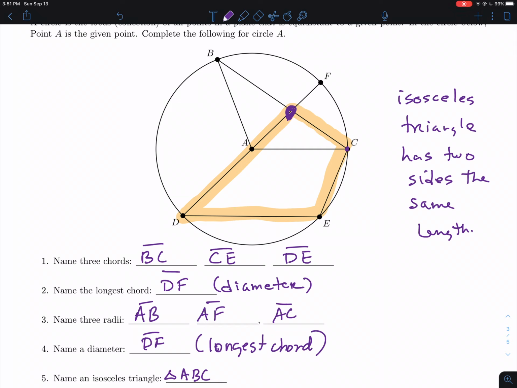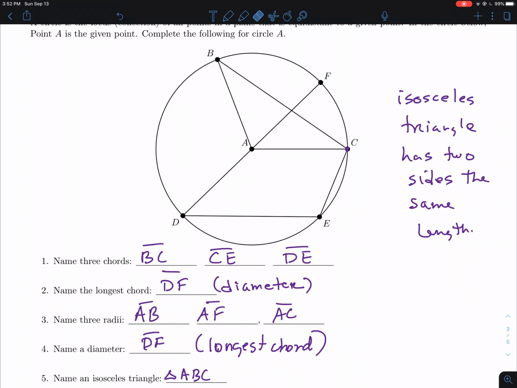So that orange figure I drew, even though it's technically four-sided, is not considered an inscribed quadrilateral or inscribed polygon. We need to make it so all four points are on the circle itself.